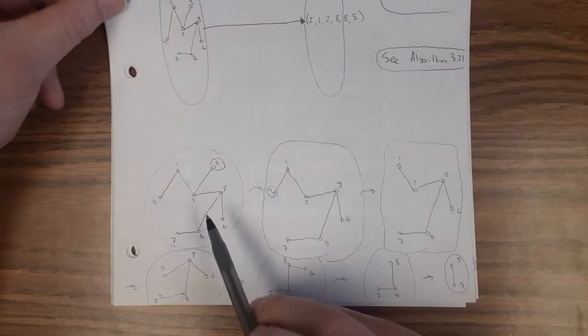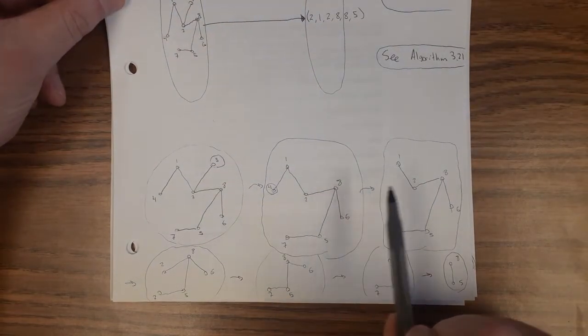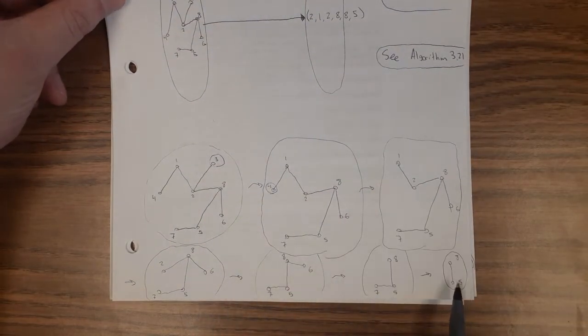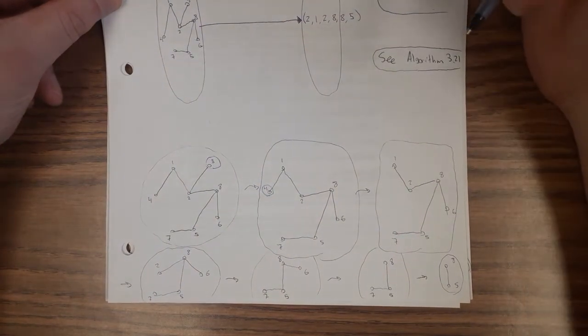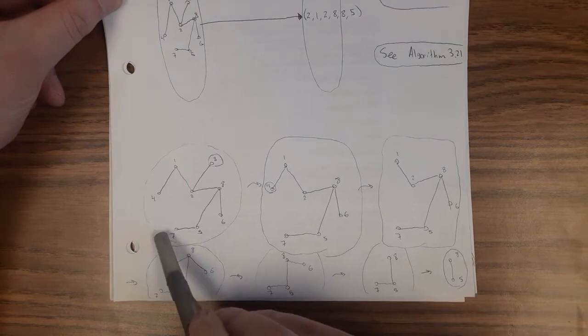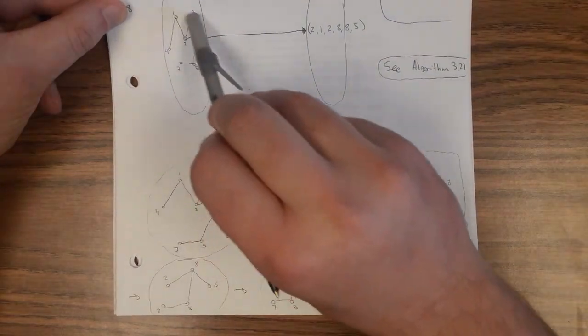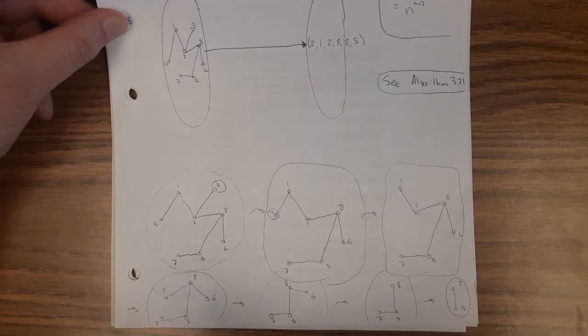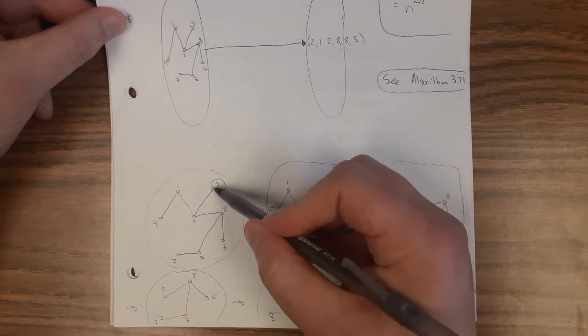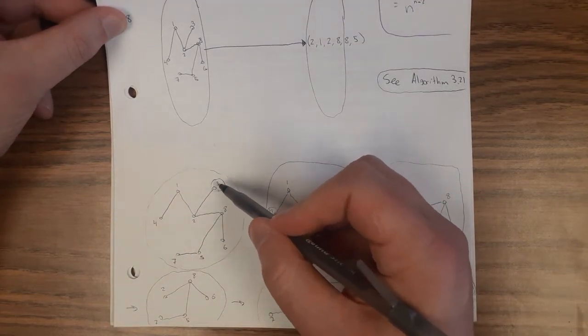So what I drew down here is like a sequence of how this goes. And this is going to explain how to fill in the other numbers. So here's what we do. This down here is just a redrawing of this original tree. I just drew the same thing down here. And I circled 3 because it was the lowest labeled leaf.